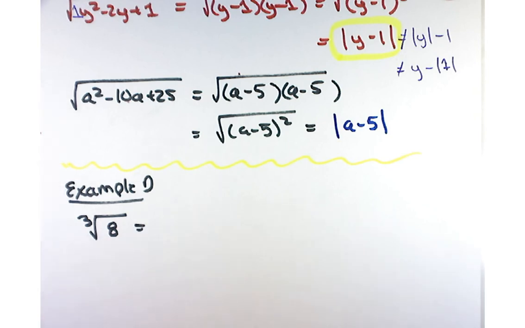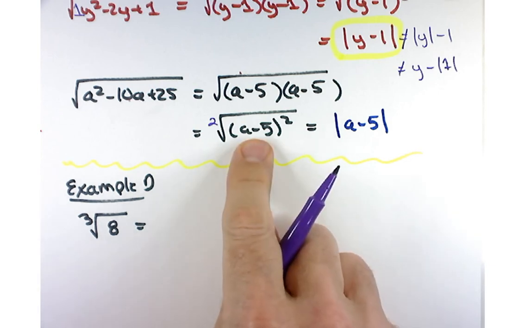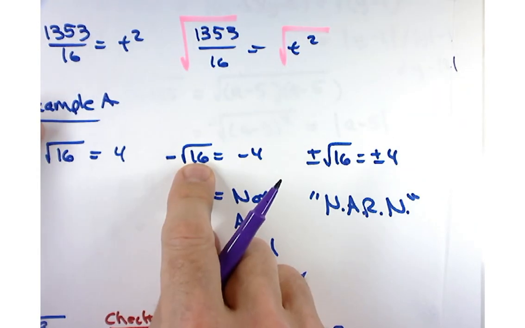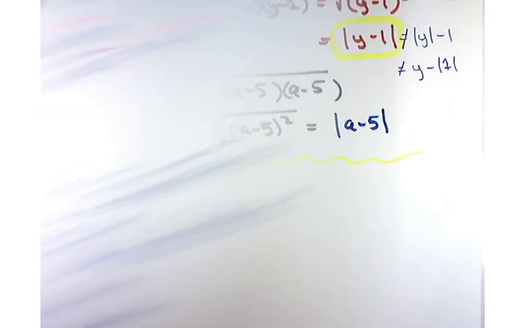So in the last example, even though I didn't really write it, it's understood that there's a 2 out front. It's the square root. So you're looking for something that you can square to get this. Or back with some of the other problems, what can I square to get 16? Again, there's a 2 that's understood to be out here.